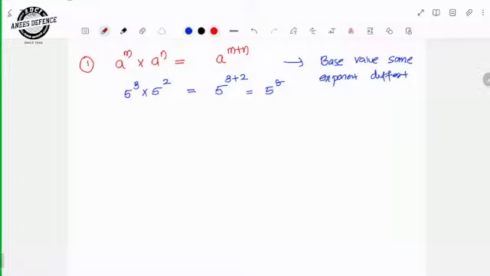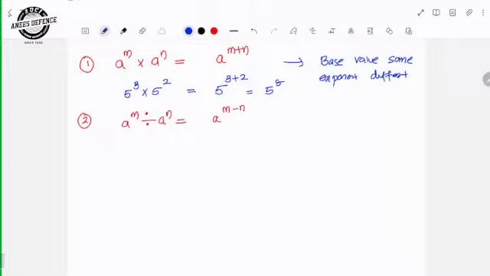Second rule: a raised to m by a raised to n can be written as a raised to m minus n. The same thing can be applied here.